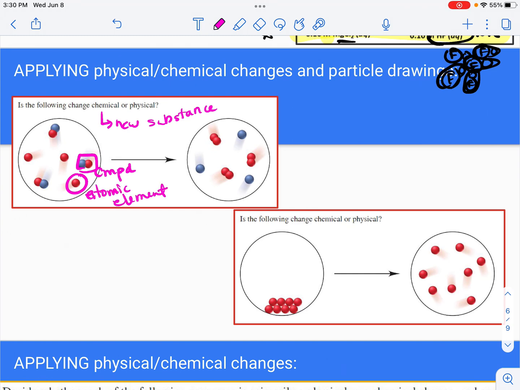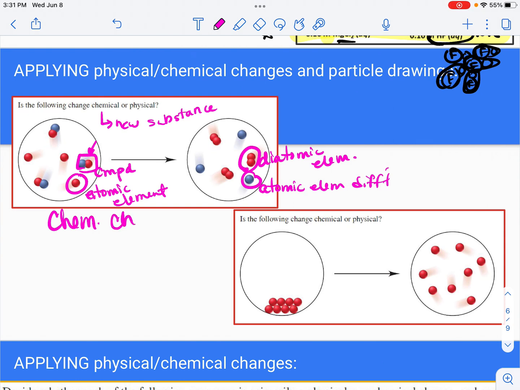I know this because there are two different atoms in this small compound, so I know it's not just a diatomic element, it is definitely a small compound. In this over here, I have a diatomic element, and I know that because they're both the same color. And then I have this as an atomic element, but it's a different atomic element than it was before we began this reaction. So this is definitely a chemical change.